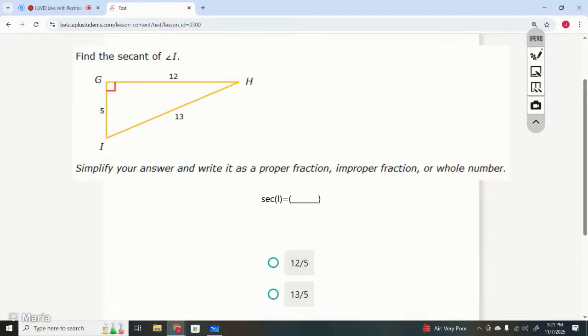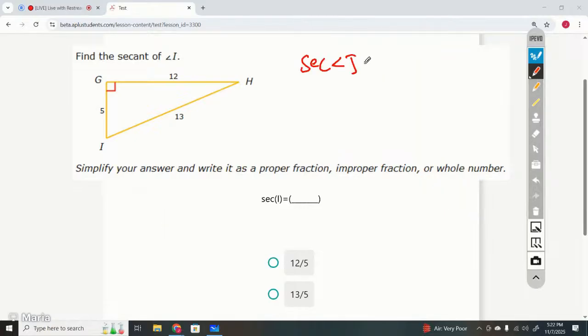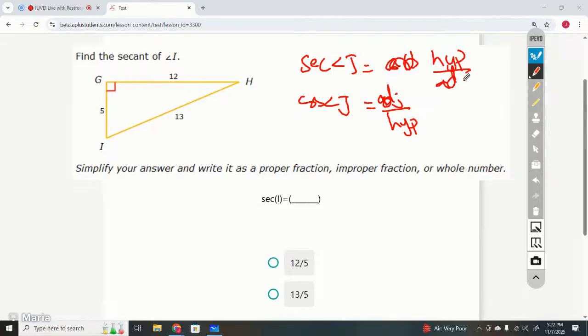Find the secant of angle I. Secant is the reciprocal of cos. That is hypotenuse over adjacent.